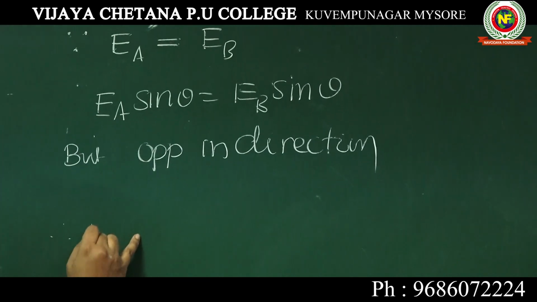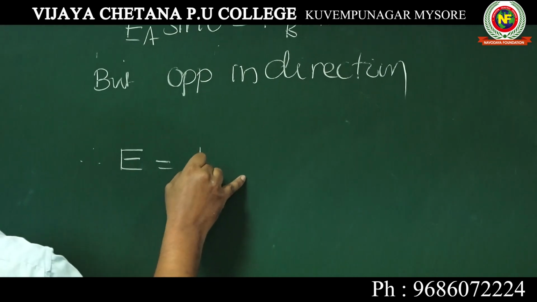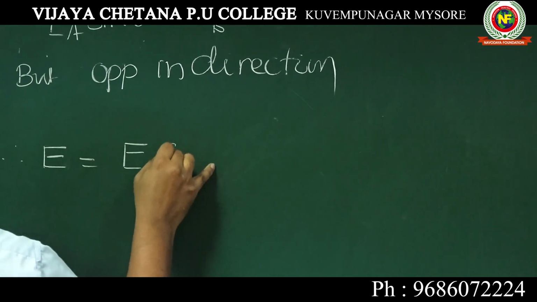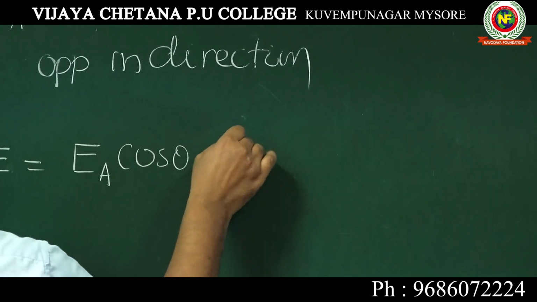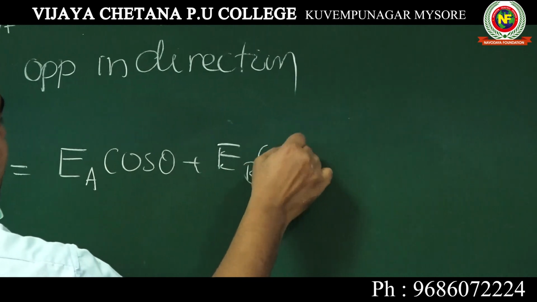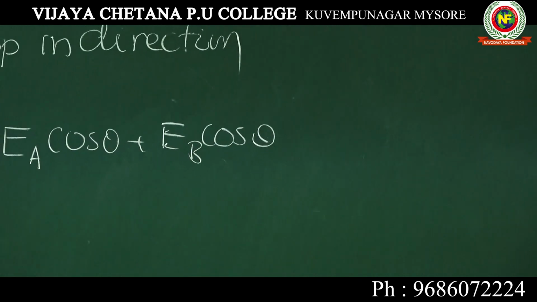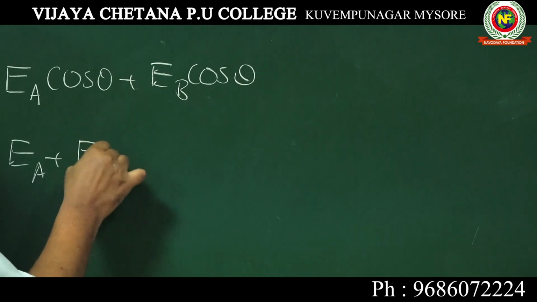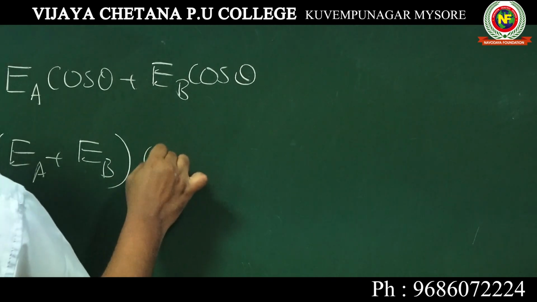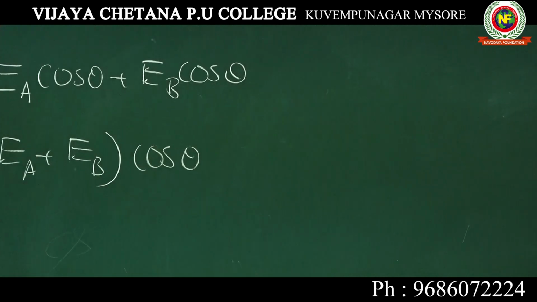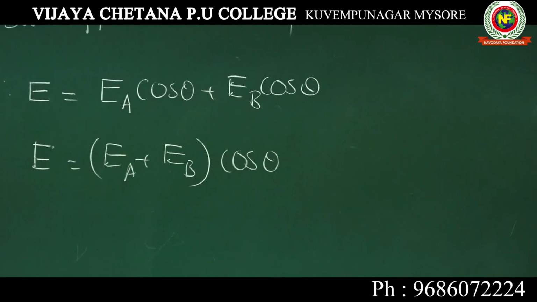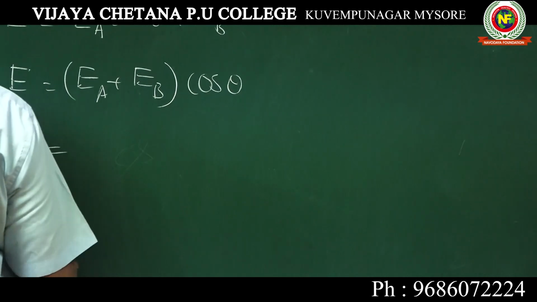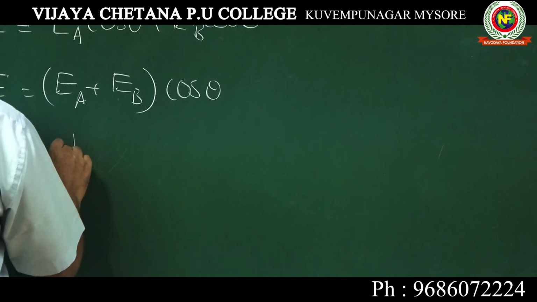Therefore, the net electric intensity will be, since these two are in the same direction, I must add them. EA cos theta plus EB cos theta, or in other words, E is equal to EA plus EB into cos theta. What is EA? We have written the expression.